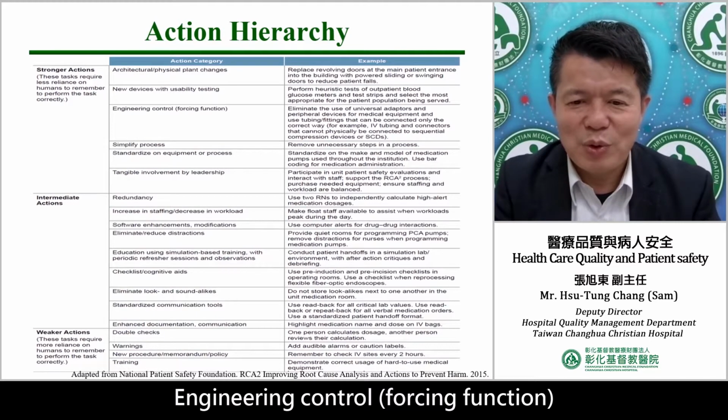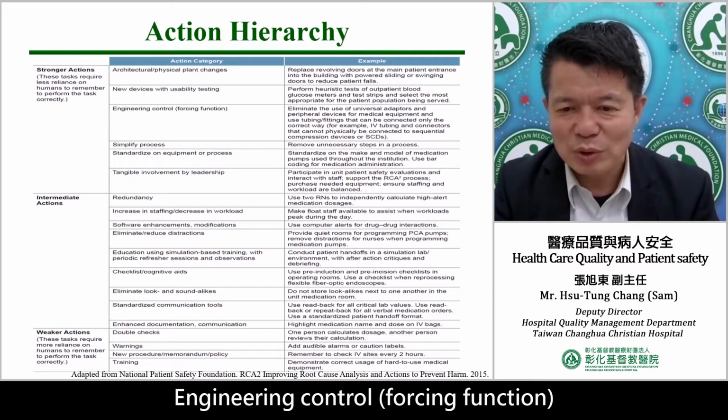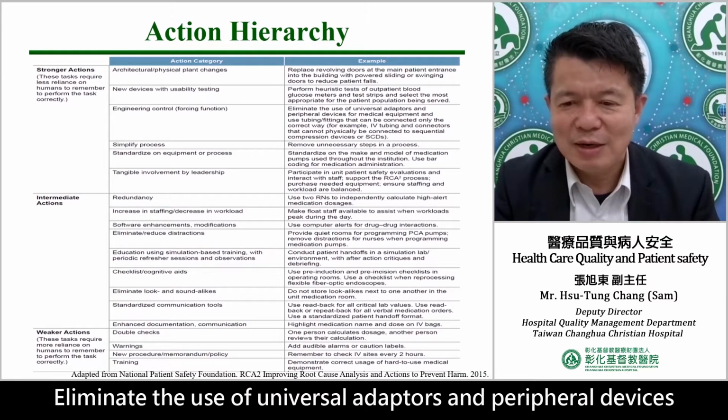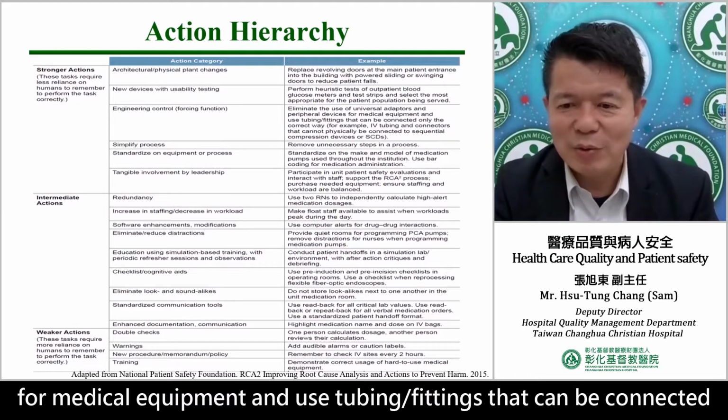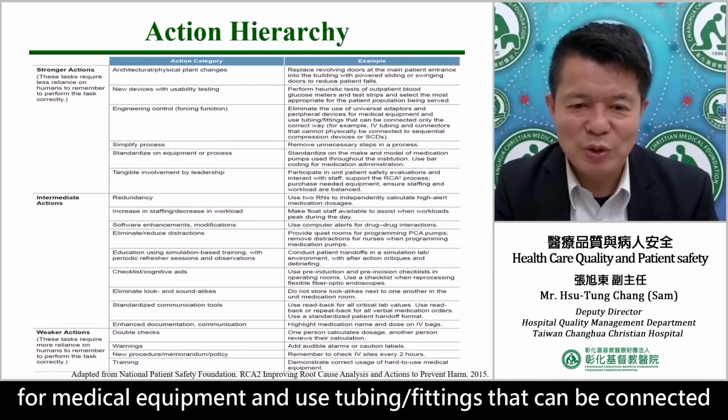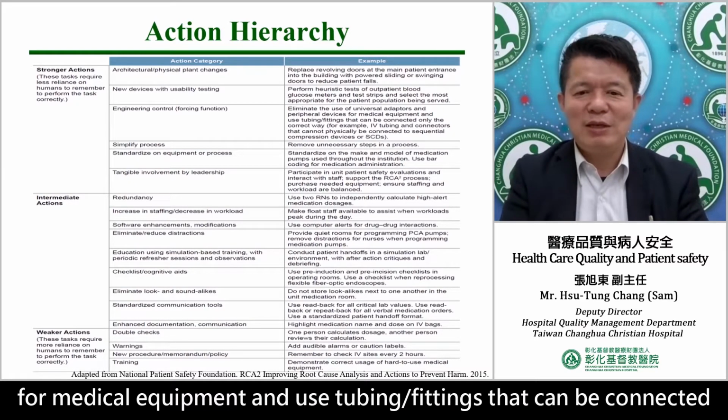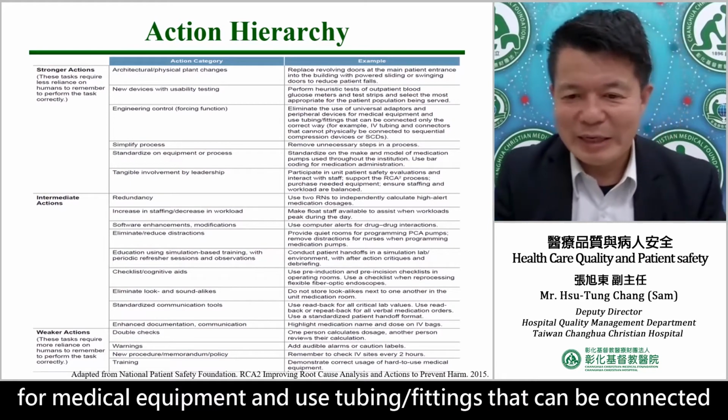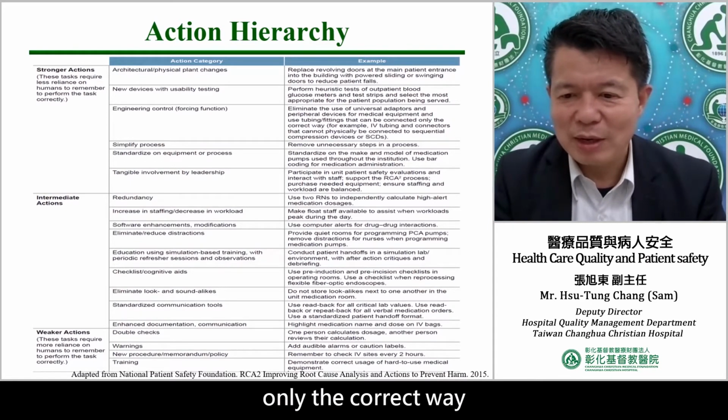Engineering control, forcing function: eliminate the use of universal adapters and peripheral devices for medical equipment and use tubing fittings that can be connected only the correct way.